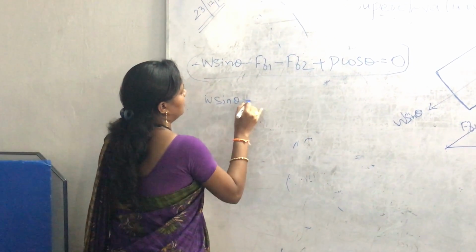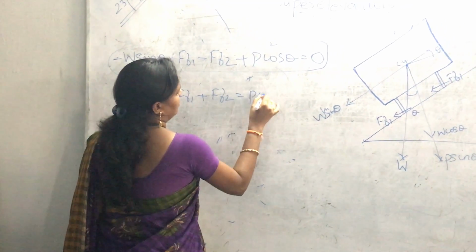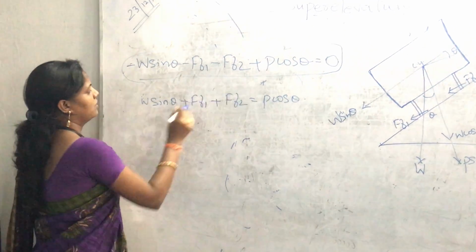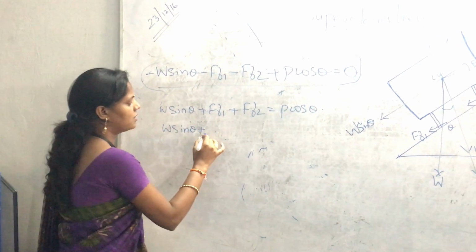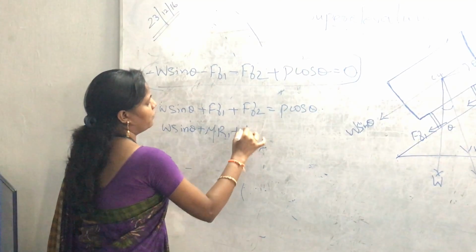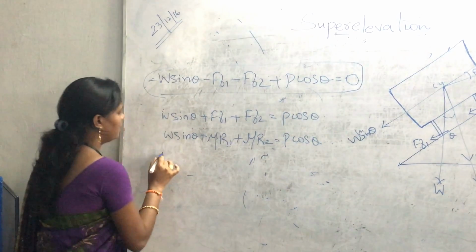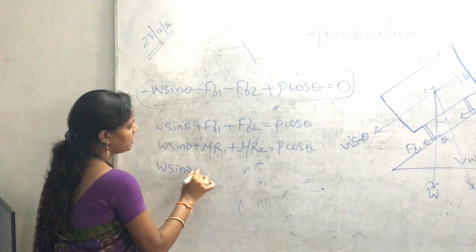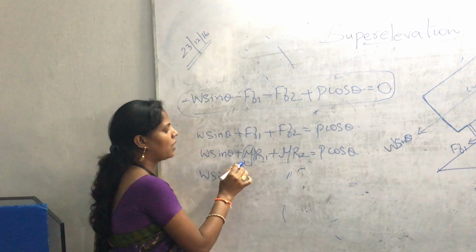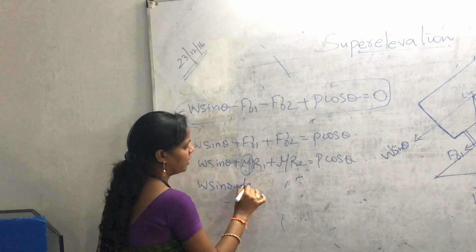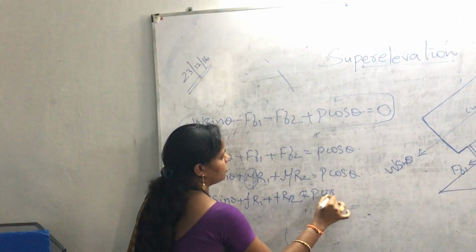Now convert this: W sin theta plus the frictional force. In civil engineering, F1 is mu R1 plus F2 is mu R2, which is equal to P cos theta. Here the mu is in terms of civil engineering, where mu can also be indicated as Poisson ratio, so I'll change this symbol to f. So W sin theta plus f R1 plus f R2 equals P cos theta.